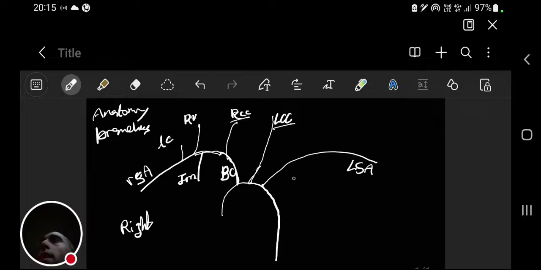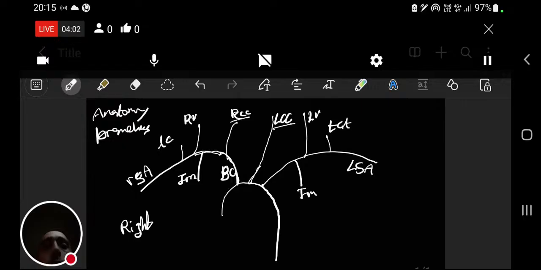Now from the left subclavian artery, as from the right side, but without the right common carotid artery, we have its branches. We have the internal mammary, like on the right side. We have the left vertebral, like the right vertebral, and we have the thyrocervical artery.